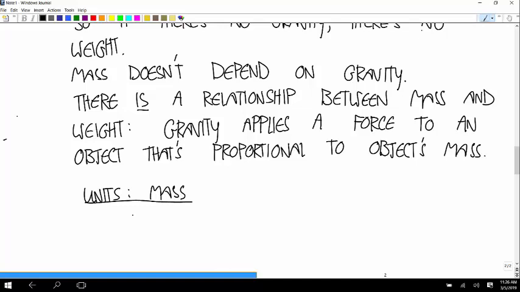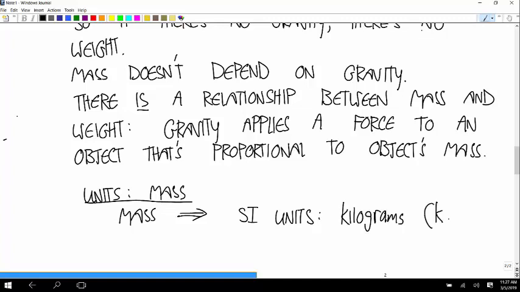Mass just has its own units, so that's not very helpful, but it's always units of mass. In SI units, that's kilograms, abbreviated lowercase k, lowercase g.